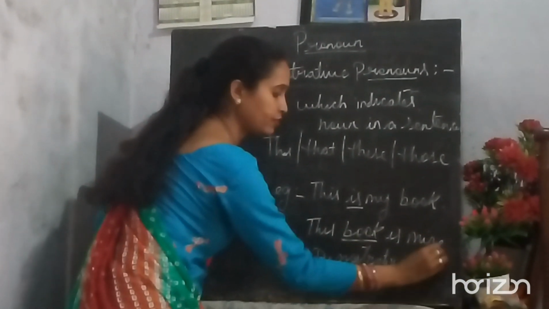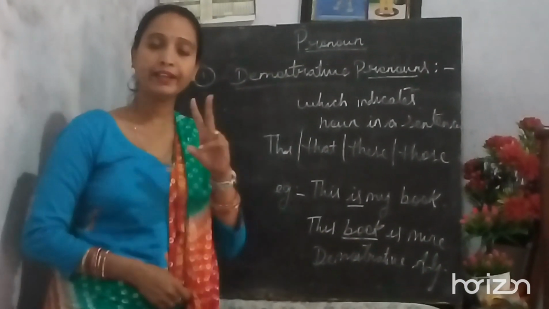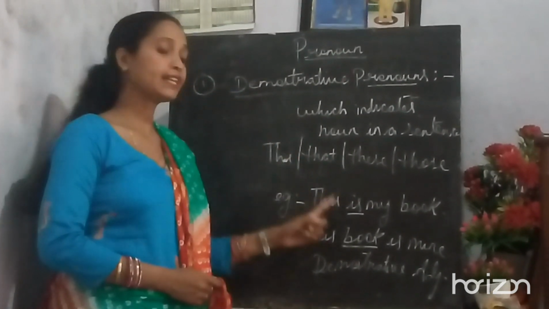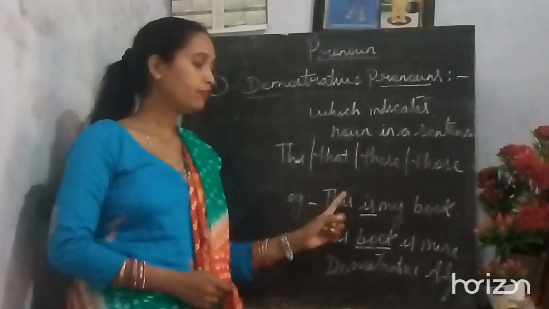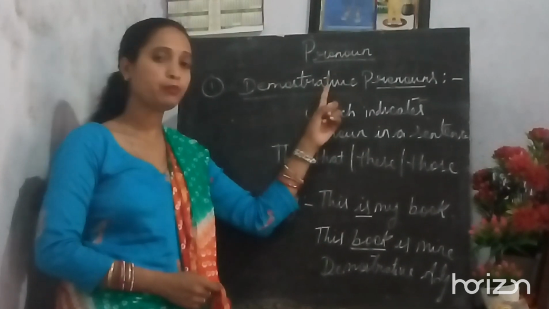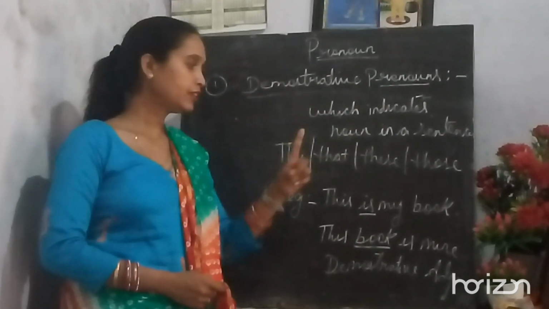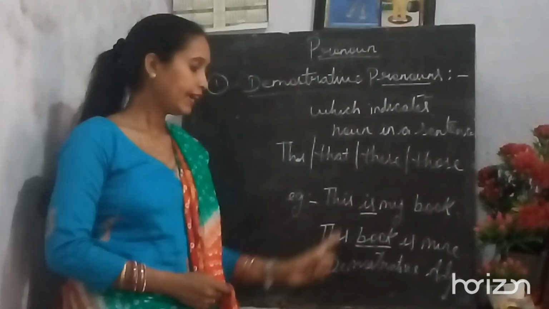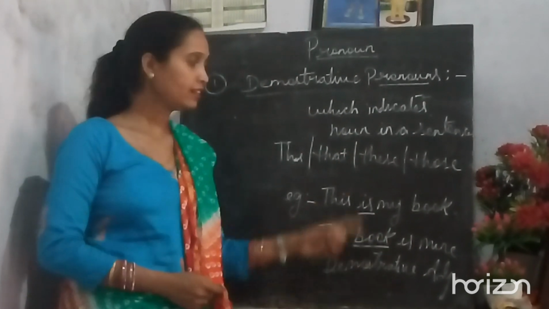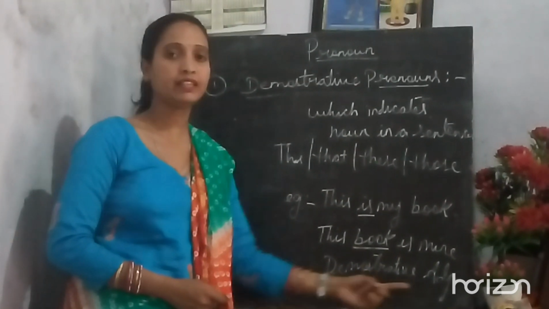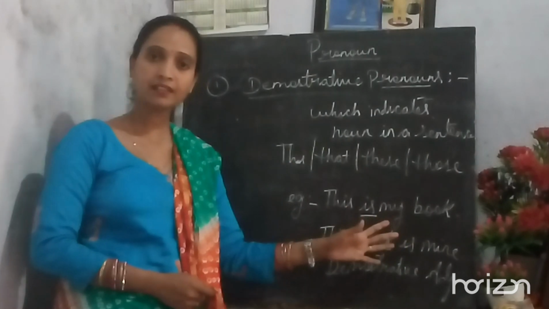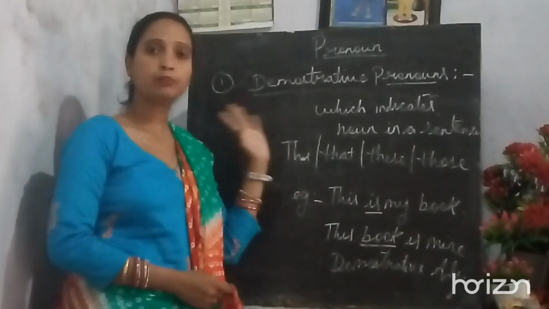Two points to remember. First, after these 4 words, if a verb is coming, it is a demonstrative pronoun. And if a noun is coming, then the sentence has a demonstrative adjective. Is that clear?